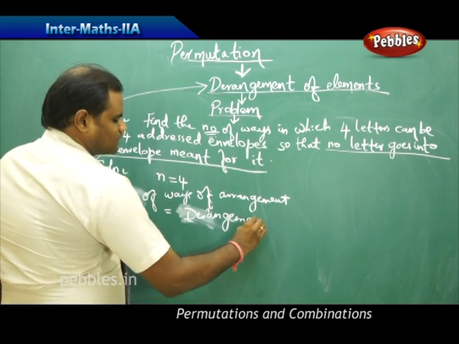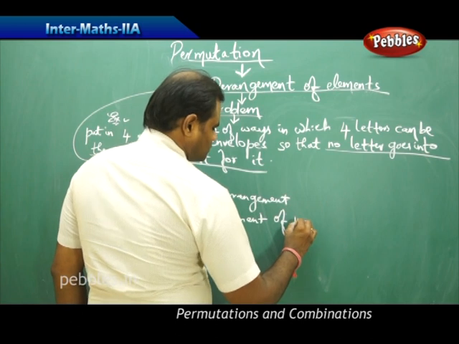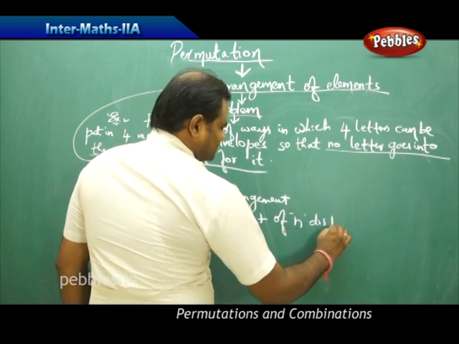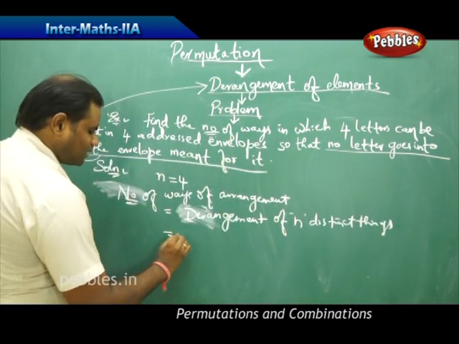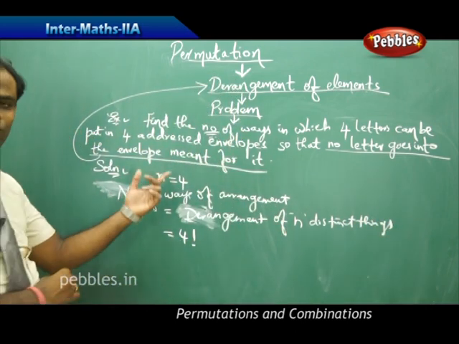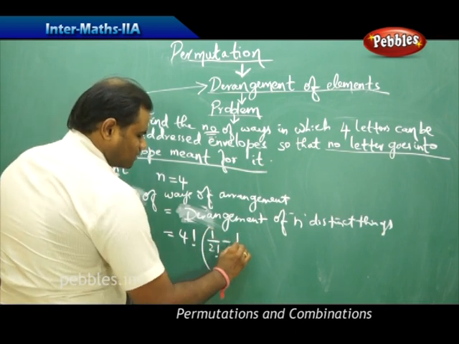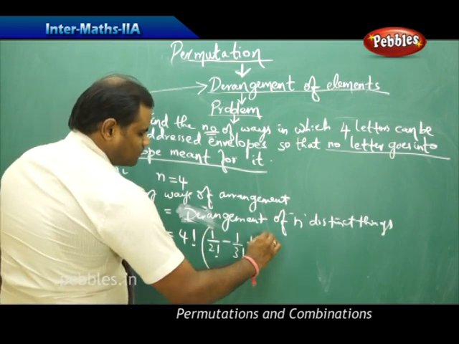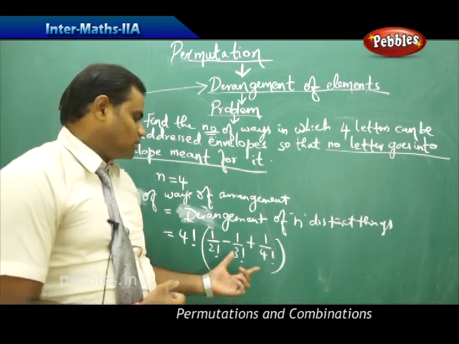Therefore, I get this to be the derangement of n distinct things, which is given by n factorial, because n is 4. I have n factorial times (1 by 2 factorial minus 1 by 3 factorial plus 1 by 4 factorial), as we have seen recently with the formula.